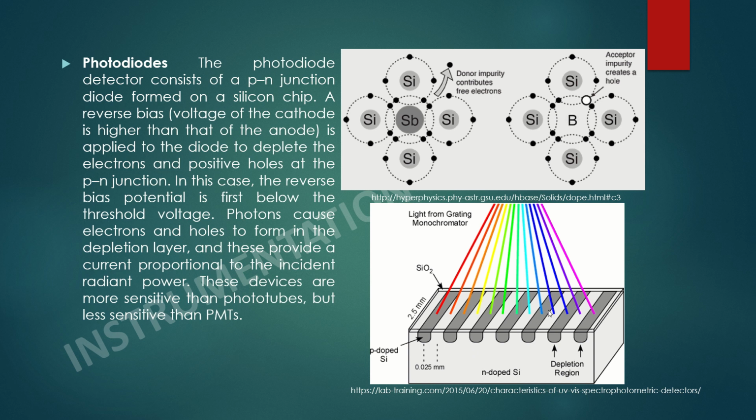The number of holes or electrons will depend on the intensity of radiation, so this produces a current that is proportional to the incident radiation power. As I have already discussed, if there is an absorbing species at 280 nanometer, the incident radiation would be less, so the current would be less.